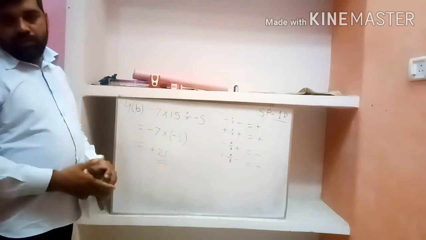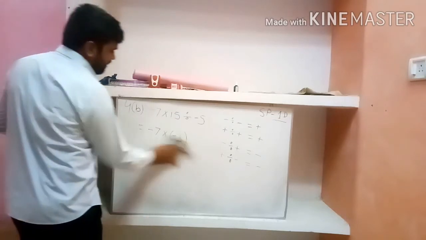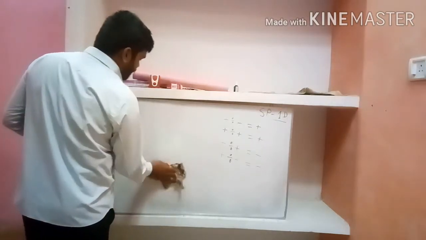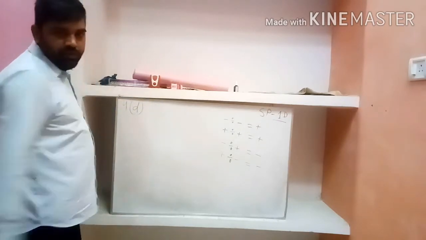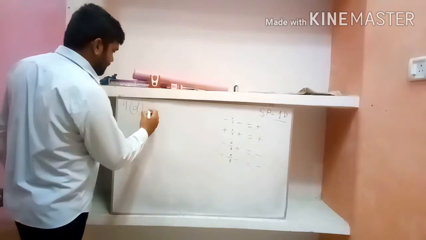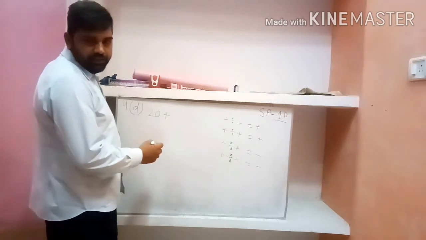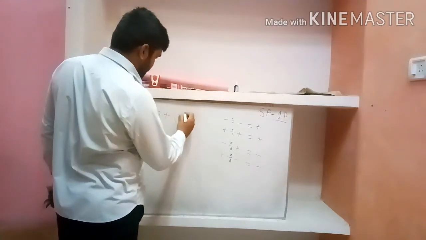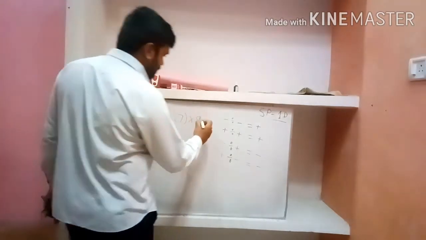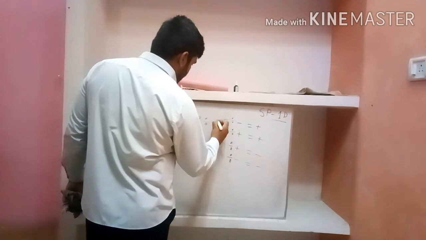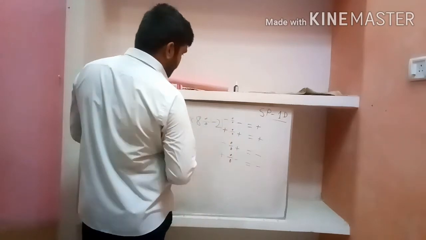So we can take one more question. 4D, the last question. 4D you can see: 20 plus 7 multiply 8 divided by minus 2.